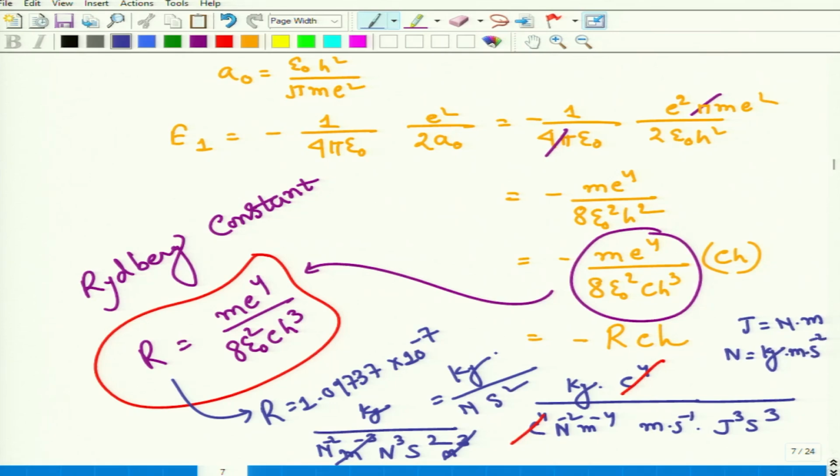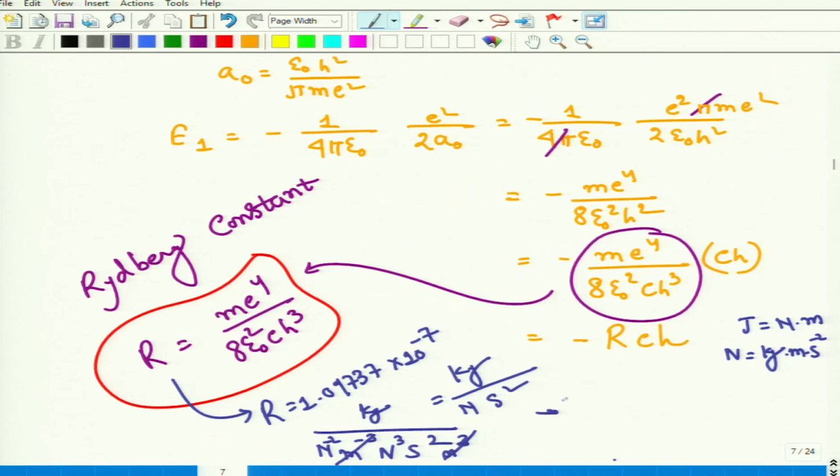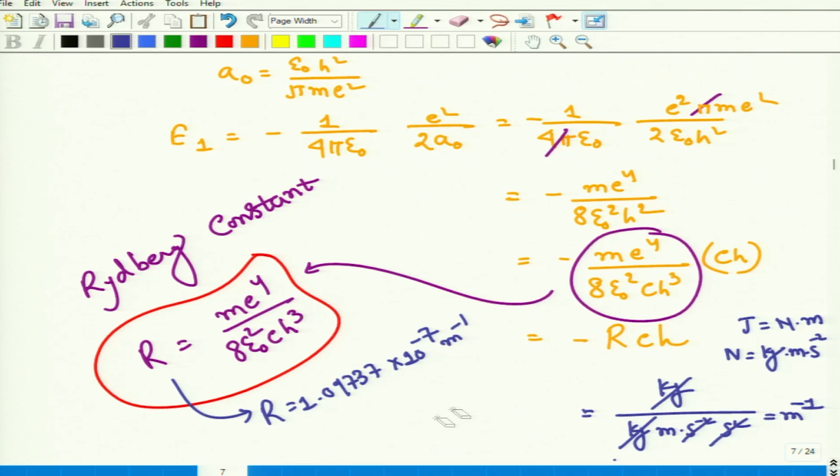If we put it here, it will be kg divided by kg meter second to the power minus 2 second square. So it should be meter inverse. Yes, the unit is meter inverse. I am erasing this part, it should be done by yourself. So this is the unit of the Rydberg constant.